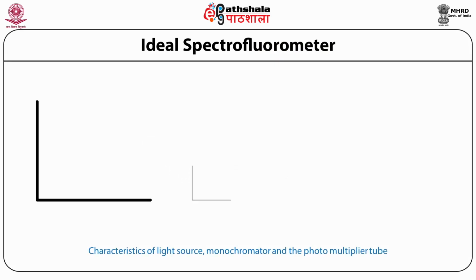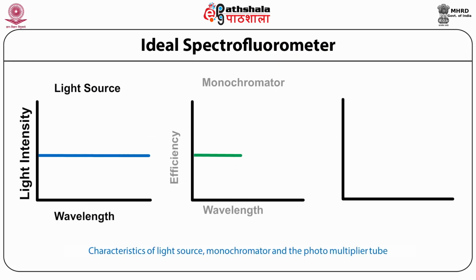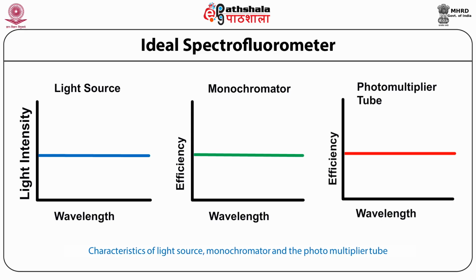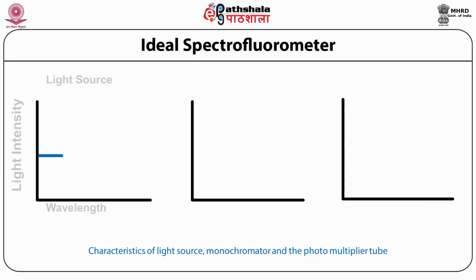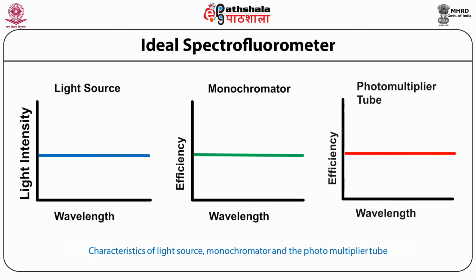For an ideal spectrofluorometer, the focus is to obtain correct emission spectra, and the individual components must have the following characteristics. First, the light source must give a constant photon output at all wavelengths.